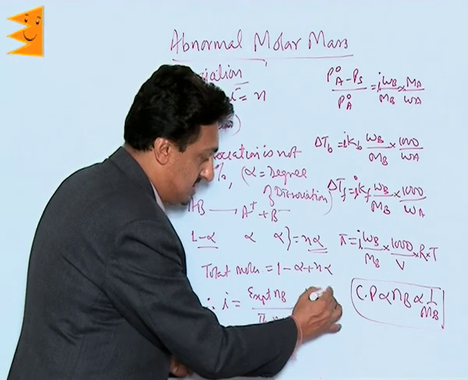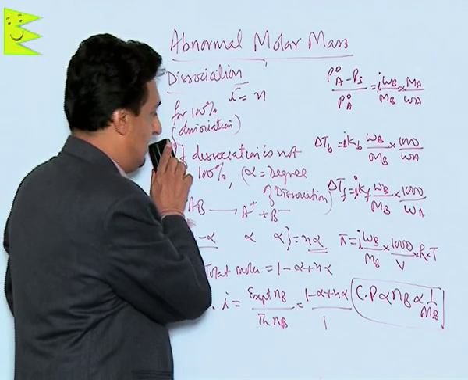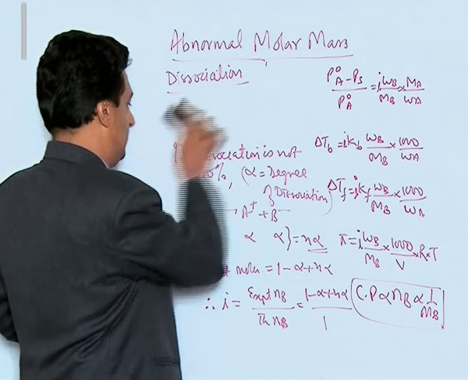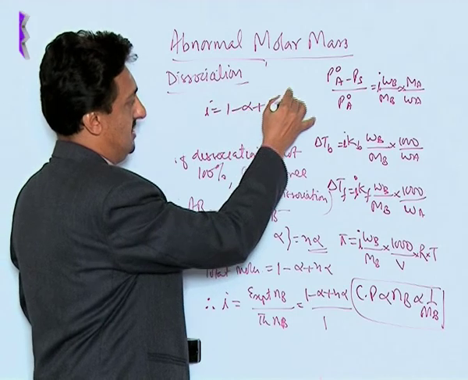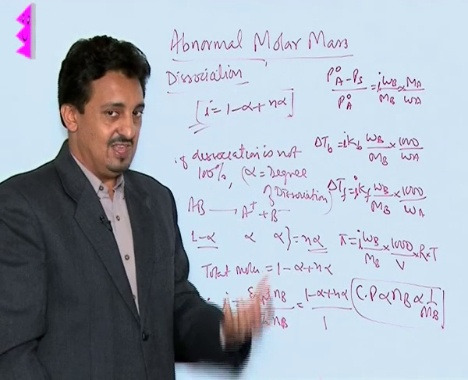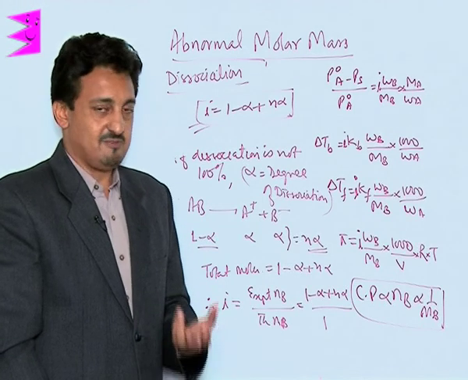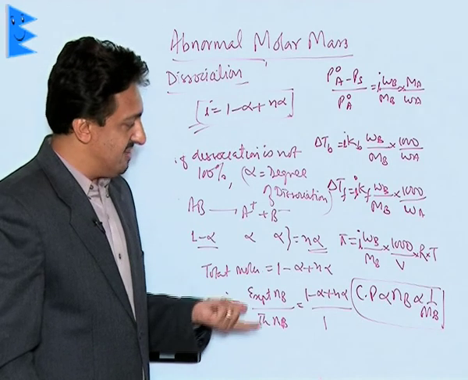So it is 1 minus alpha plus n alpha upon 1. So once the dissociation is not 100%, i will be equal to 1 minus alpha plus n alpha. And this formula can be used to find out the degree of dissociation alpha of any solute experimentally, which is not dissociating completely. So this is how he explained.